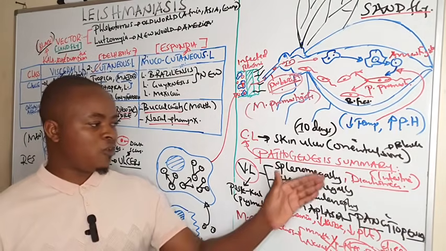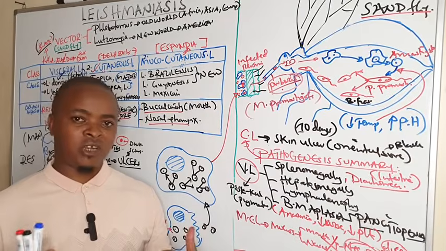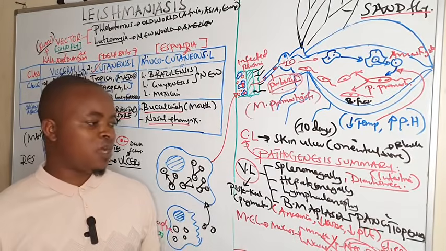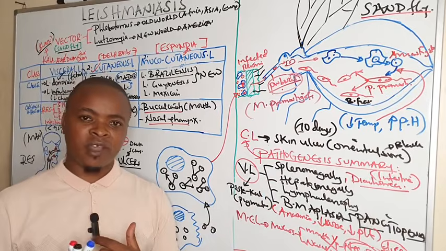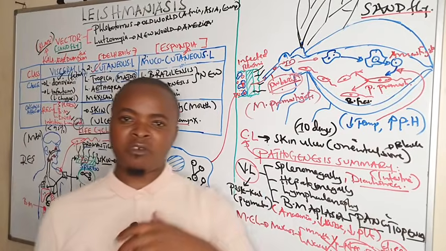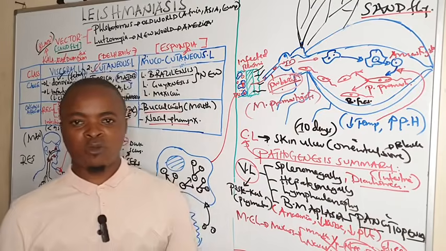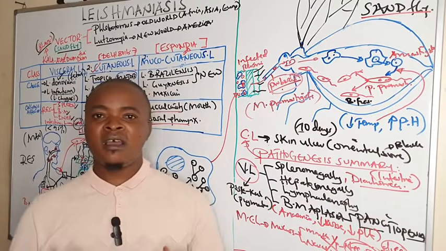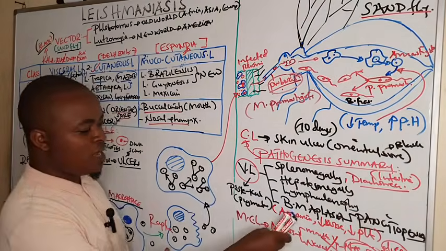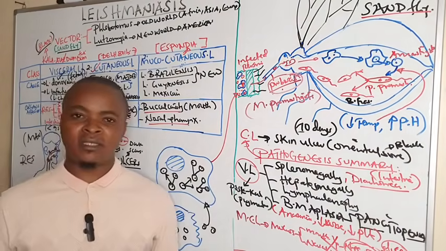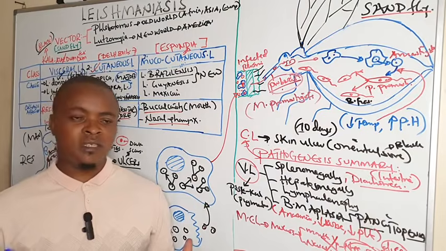Then we see organomegaly, which is also a sign and symptom. Apart from these, the milder ones, we have intermittent fever. You find someone who has a fever which is on and off. Then there is cachexia and fatigue. Then we have anemia in the case of visceral leishmaniasis, too.